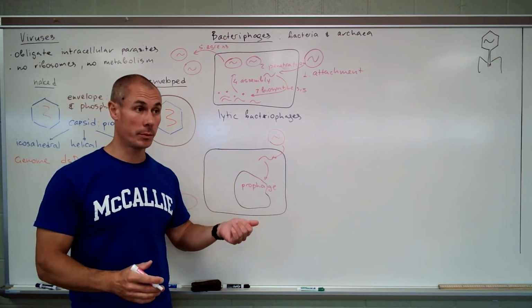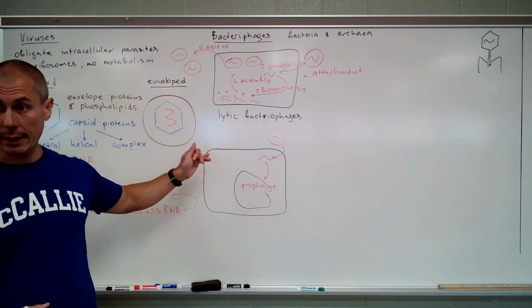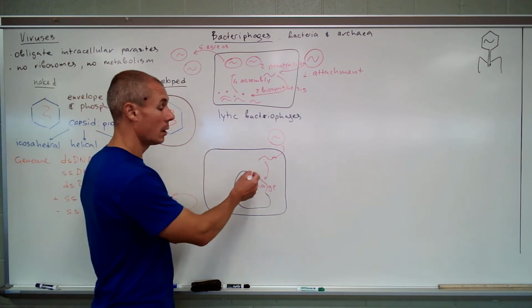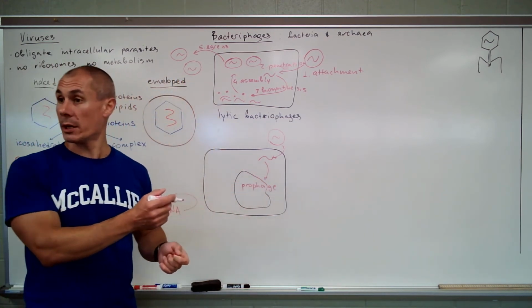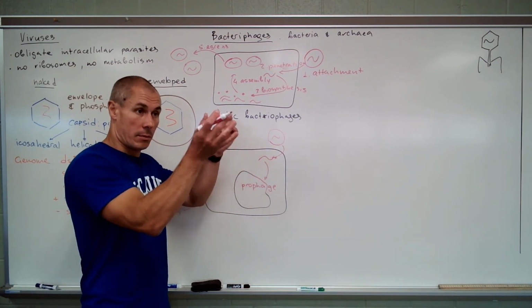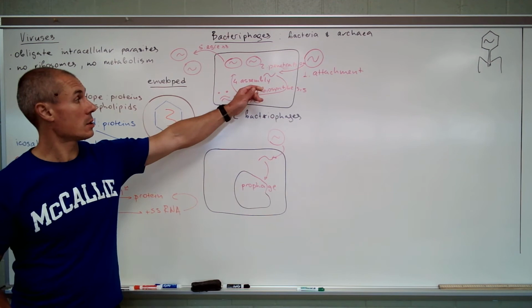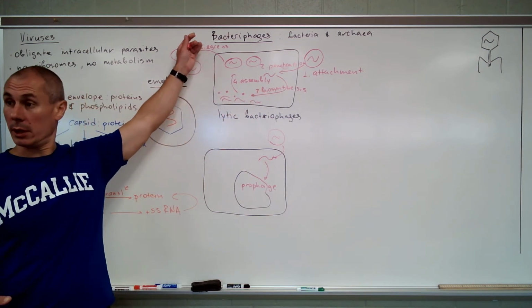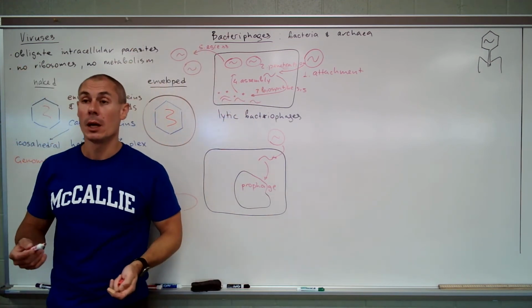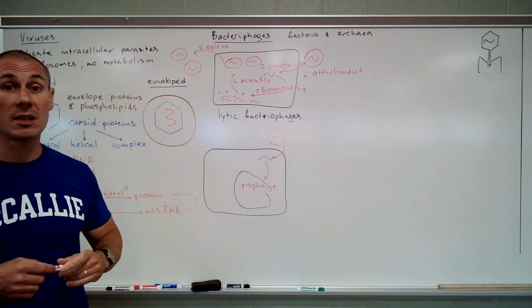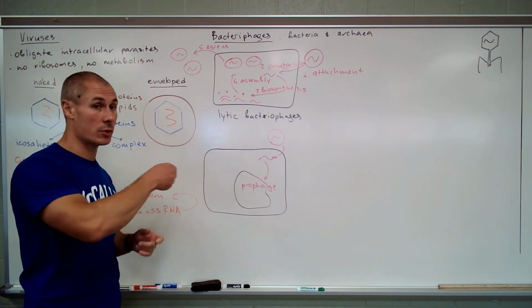Now, big question. Can it get out? Yes, it can get out. Usually under stress, the prophage gets removed, and then the steps of biosynthesis, assembly, and release ensue. The point is, the cell doesn't die right after the infection. Am I clear?